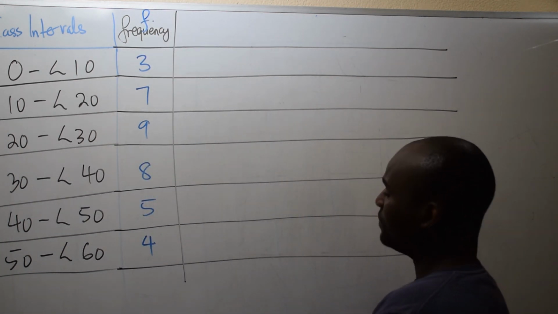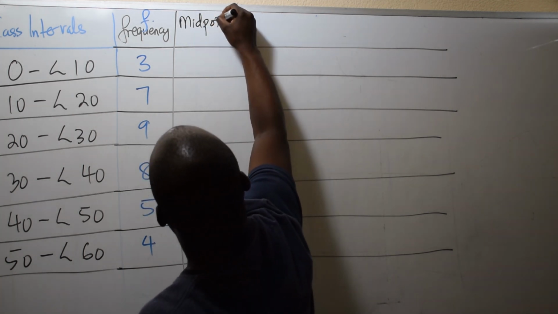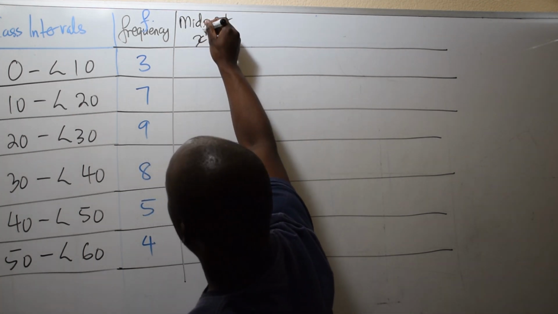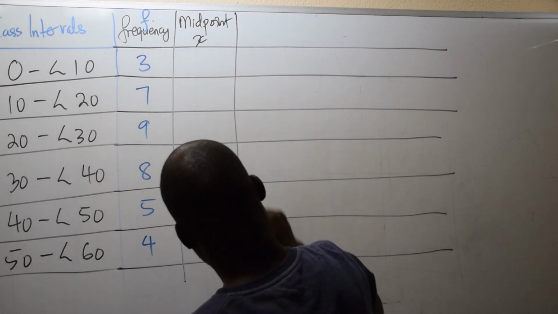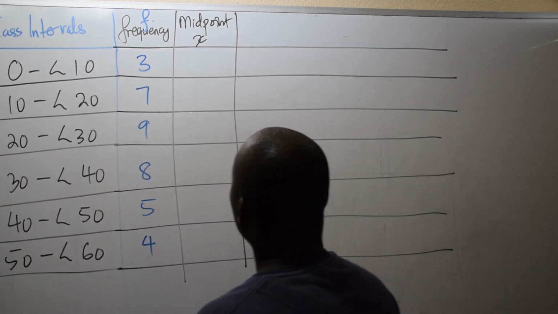For the calculation of the mean, you actually need to have the midpoint. The midpoint is kind of like your X bar. It is the number that would be representative of these class intervals.